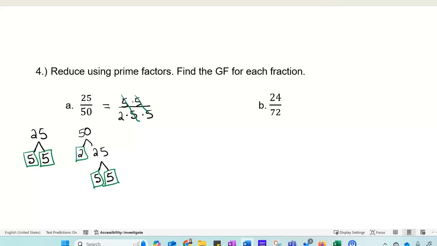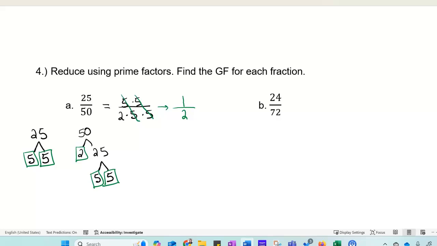And these 5s are common. So if I write what's left, I have a 2 in the denominator, but there's nothing left in the numerator. So remember that I said you cannot have a blank numerator. So if there's nothing left, it means that there's a 1. It just means that everything canceled on top, right?